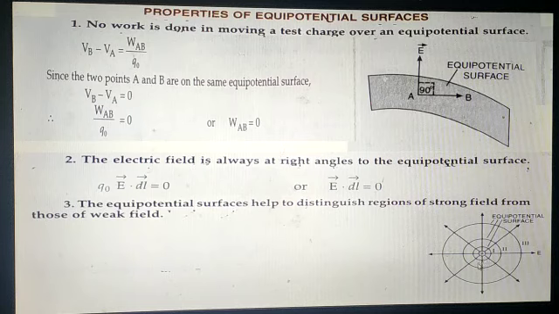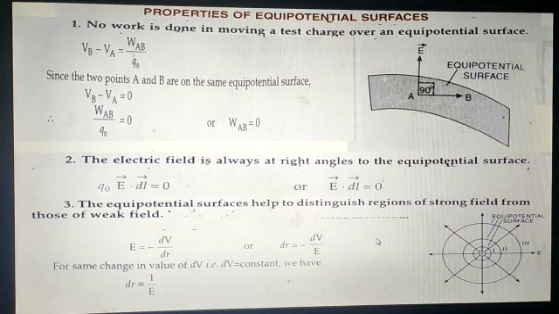Now you can draw as many spheres as you like, all having the same center where the charge is present. All of them will have the same potential within each sphere but different from the others, so all of them will be equipotential surfaces.